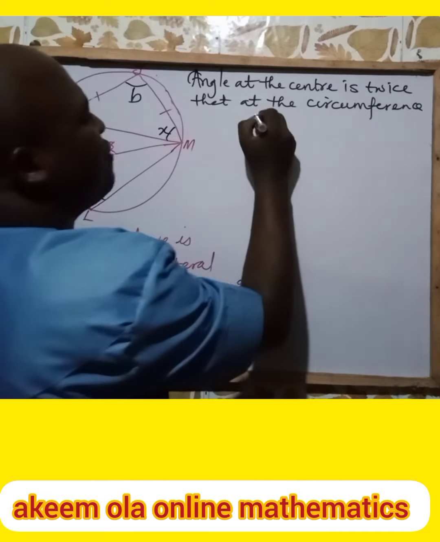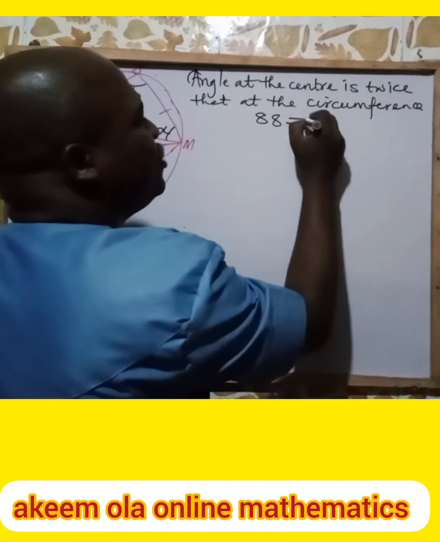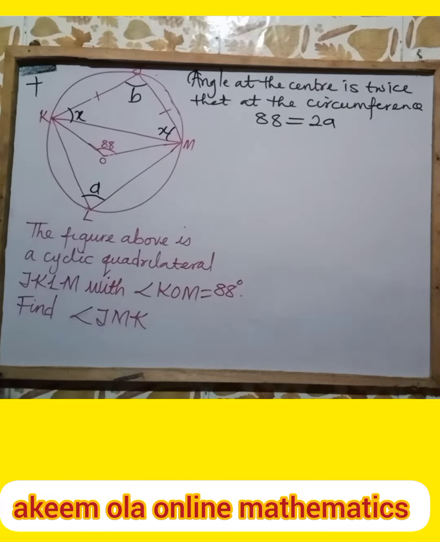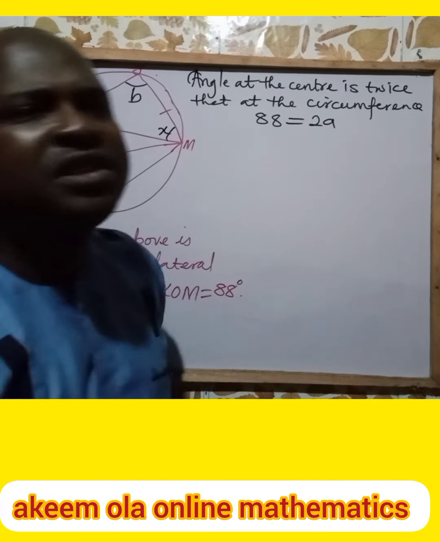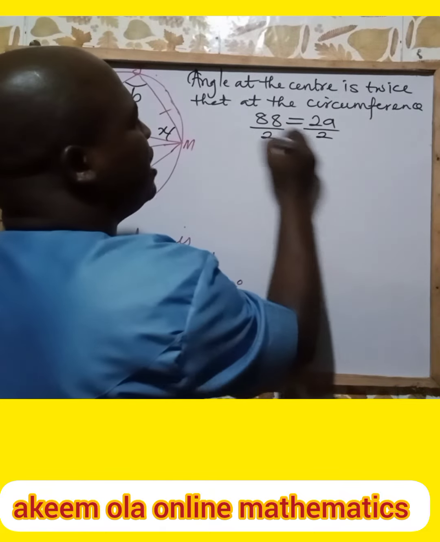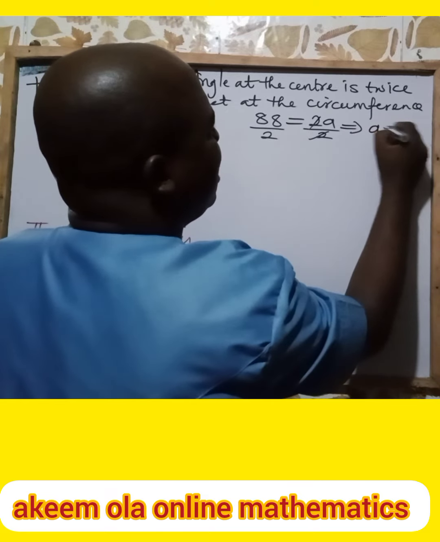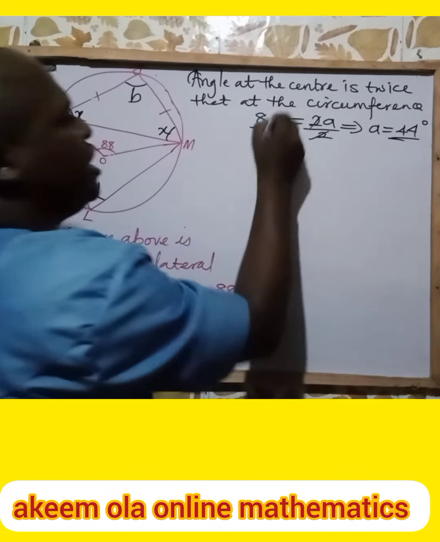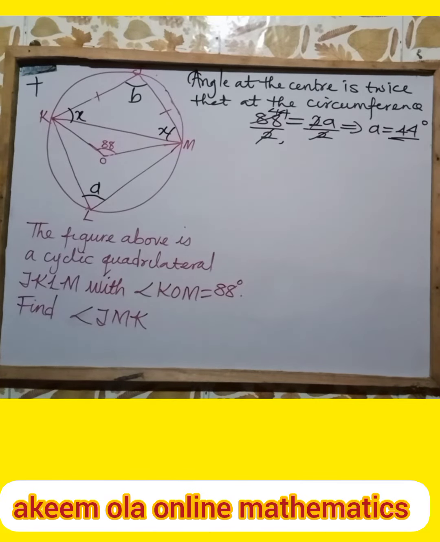That is, I'm going to have 88 equals 2 times A. From here, I can get the value of A by dividing both sides by 2. If I divide here by 2, I also divide here by 2. The 2 will cancel. This implies my A will be equal to 44 degrees. So my A is equal to 44 degrees.